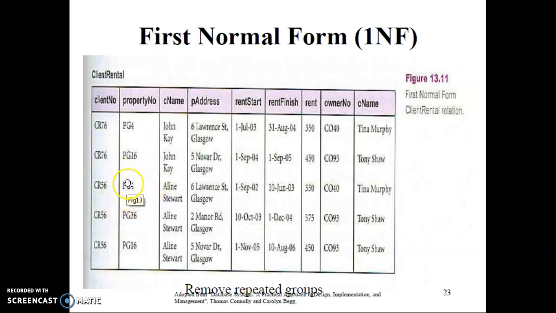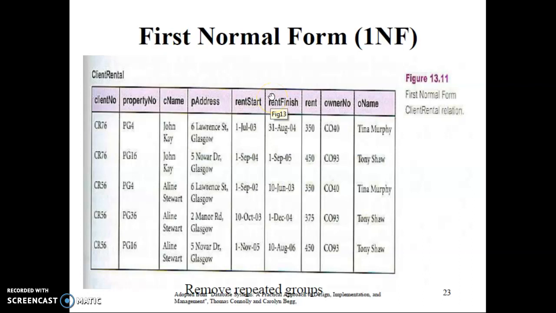If we know both the values, then only we can identify rent start and rent finish. So this is called fully functionally dependent. Non-primary key attributes are depending on both the primary keys. That is called fully functional dependency.